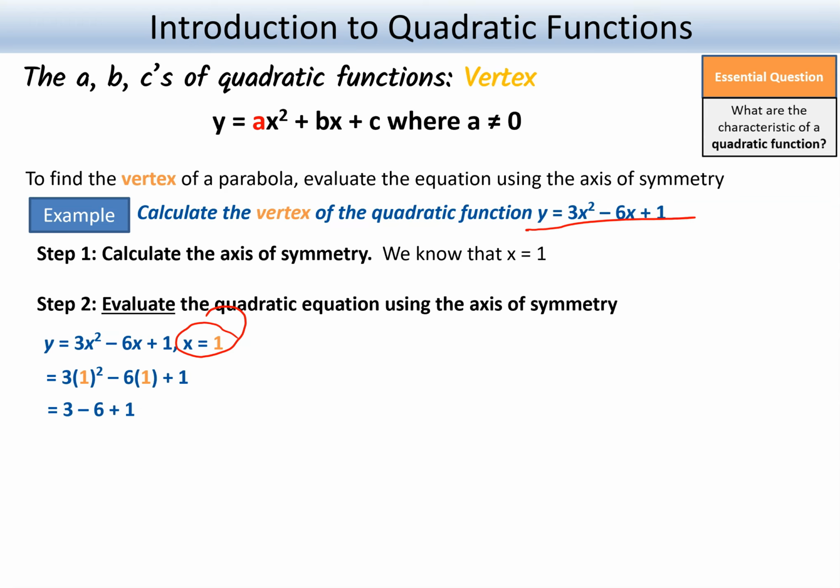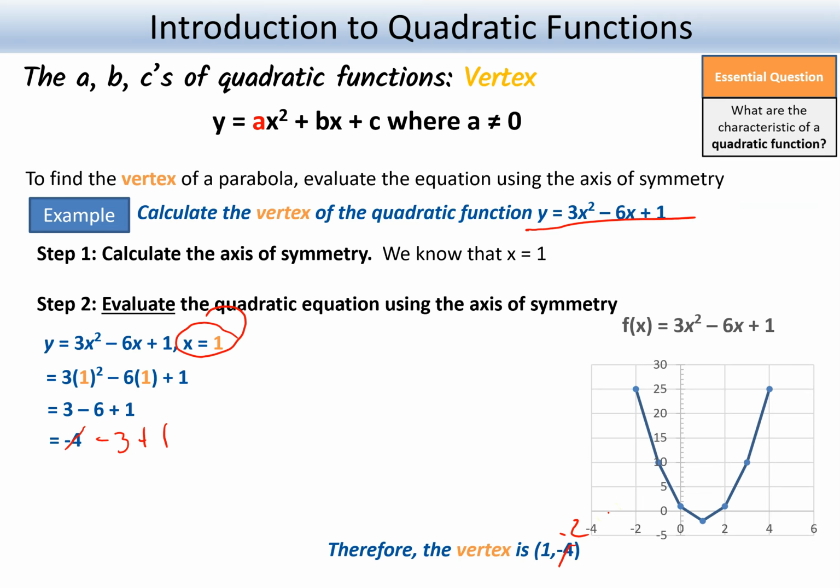That's 3 minus 6 plus 1, which is negative 2. So our vertex is 1, negative 2. Our axis of symmetry is just 1.